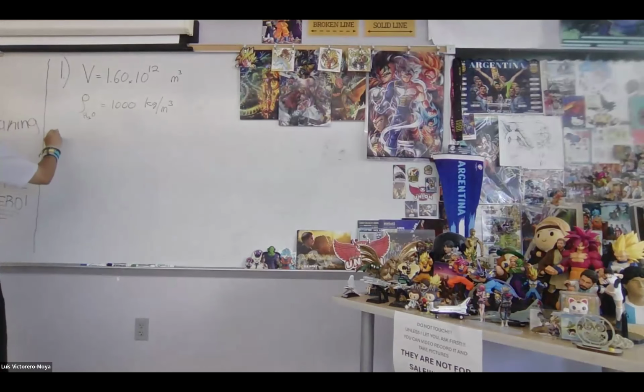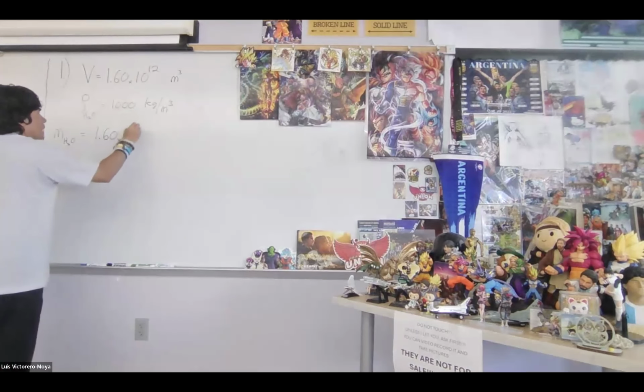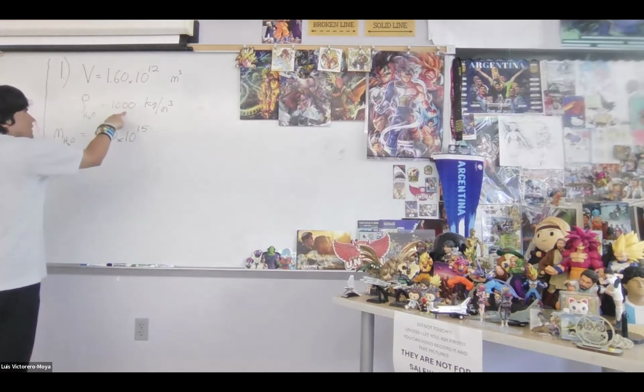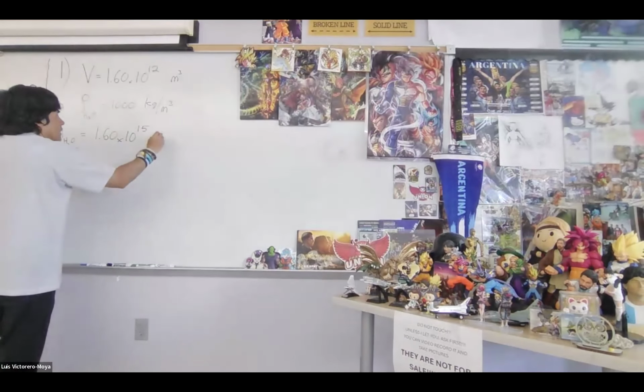So the mass of water is density times volume. Basically, 1.60 times 10 to the power of 15. That's 10 to the 3 times 10 to the 12 when you multiply, and this is in kilograms.